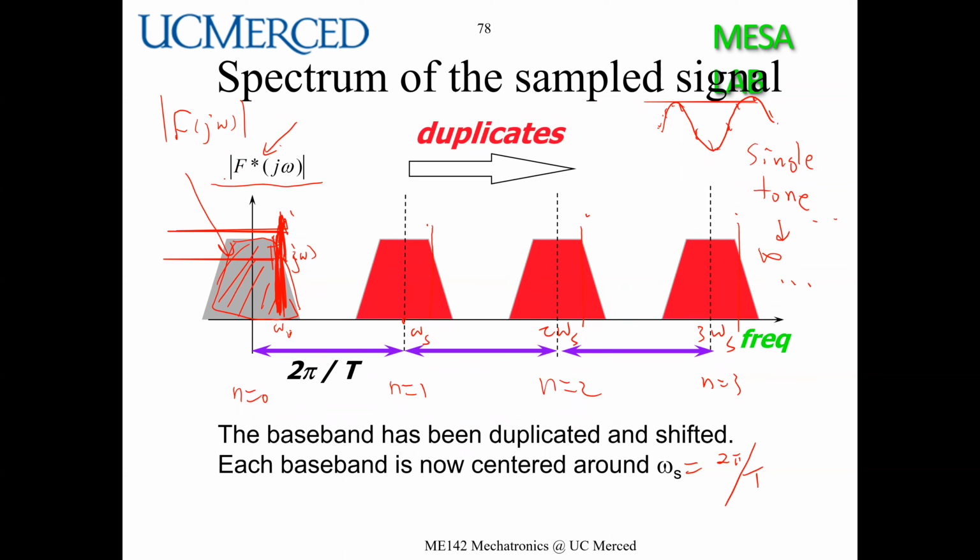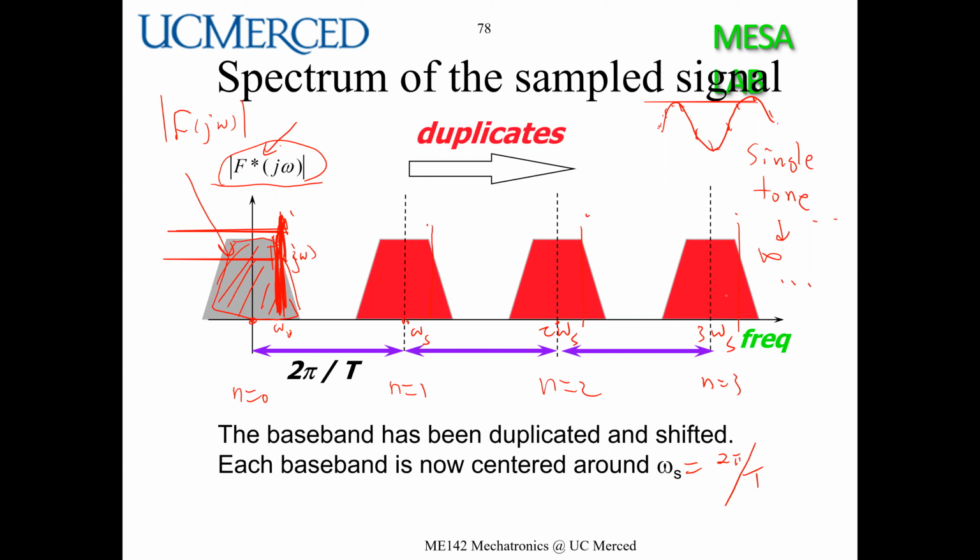After sampling, the spectrum includes this gray, as well as infinitely many copies of it, shifted from 0 and centered at the sampling frequency, to 1 omega s, 2 omega s, 3 omega s, all the way to infinity. All right.